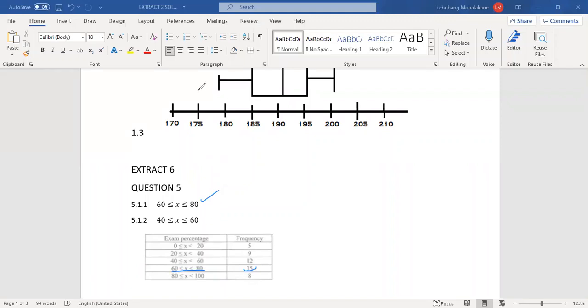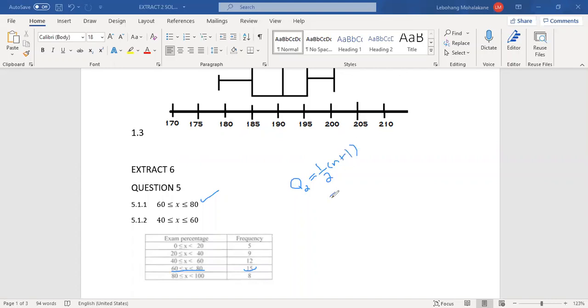And then for the median, question 5.1.2 wanted the median. How do I find the median? The median, I know it's Q2, and I know with the median, it's the middle. So the position is half of n plus 1.